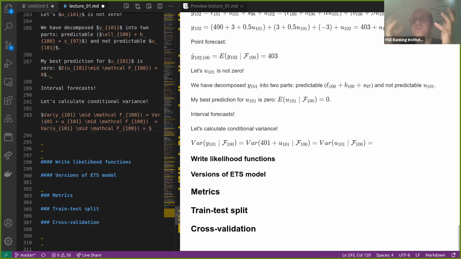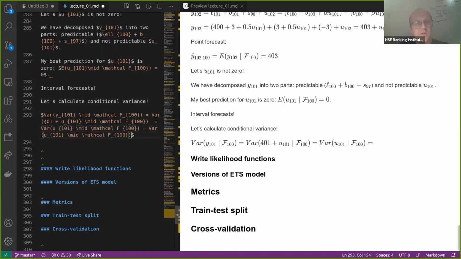Now, because my information is useless in forecasting U101, U101 is the unpredictable part of Y. So here I just omit my information. Now my information is useless, and this variance is 2 squared. It's just sigma squared.